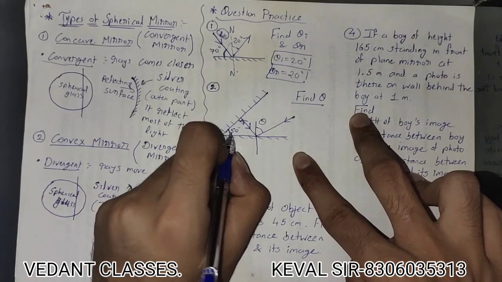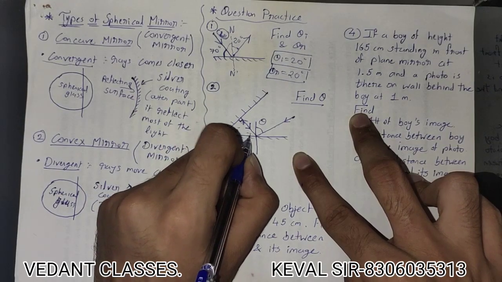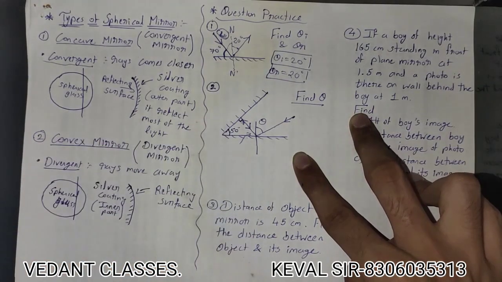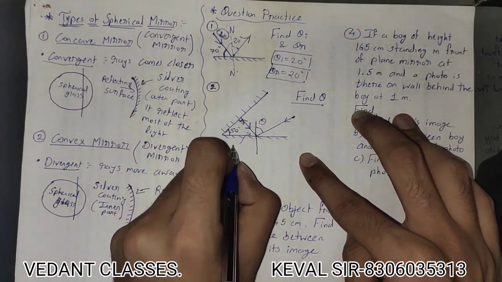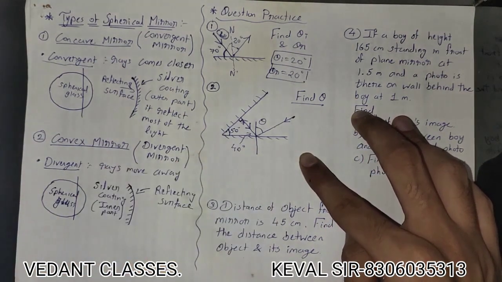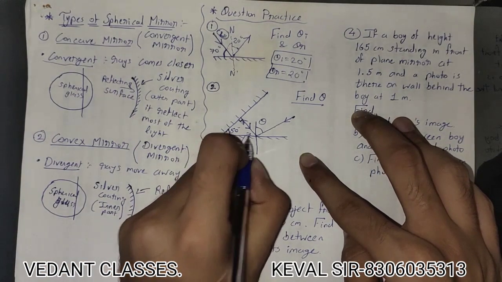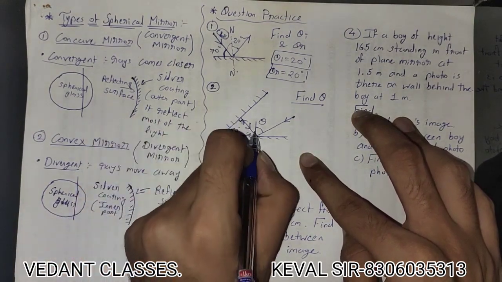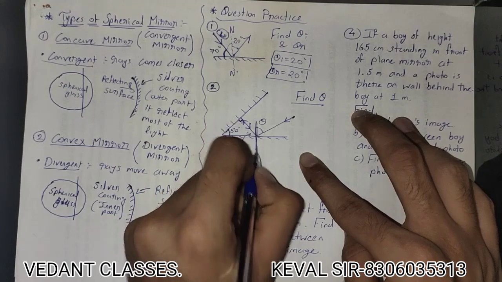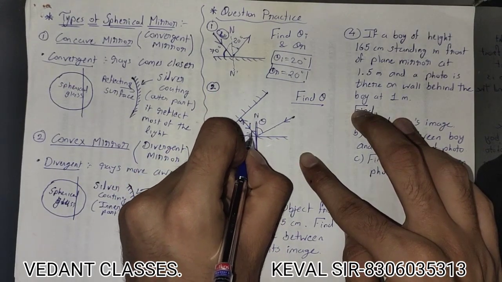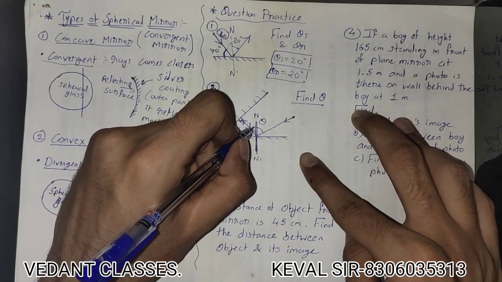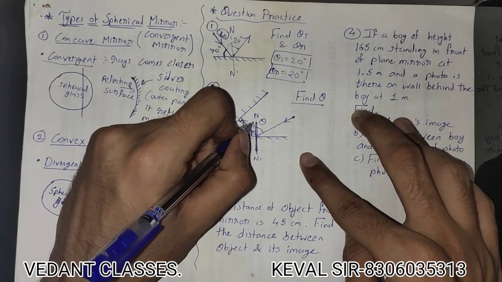Now if this is 90 degrees and this is 50 degrees, then according to the law of triangles, the sum of all three angles is 180, so this angle will be 40 degrees. Now as this angle is 40 degrees and this is normal to the surface, this is our normal N N dash, and if you apply 90 degrees, you will get this outer angle, let's say alpha.